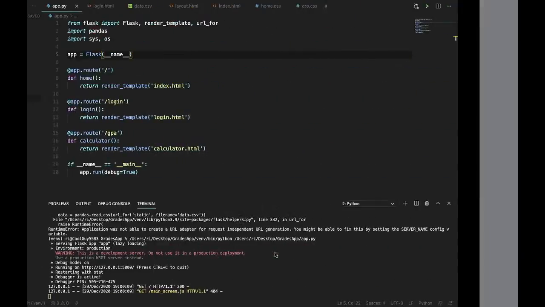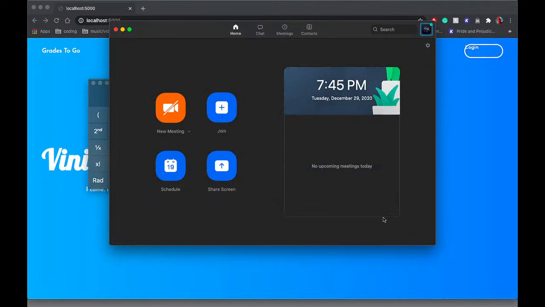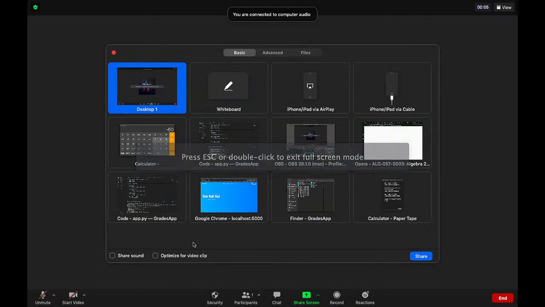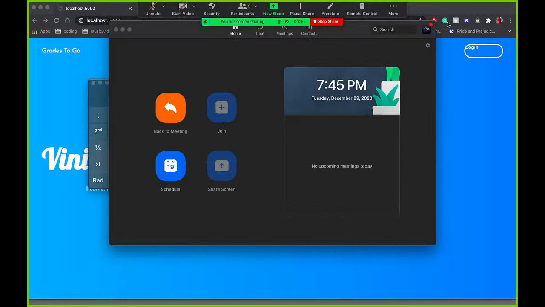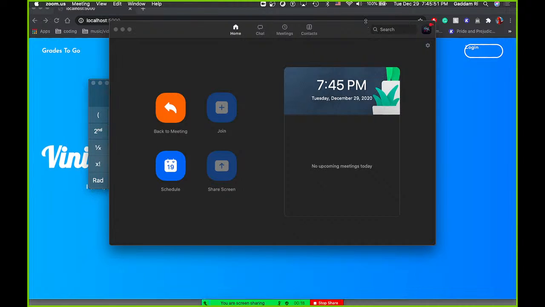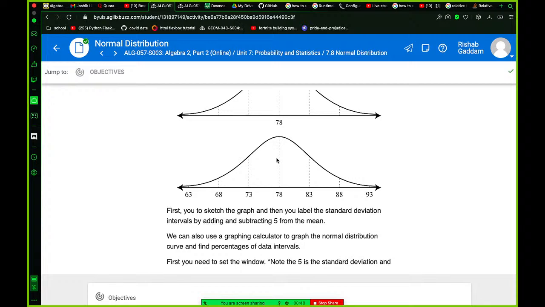I'll just zoom. Okay, so let's get Michelle back.